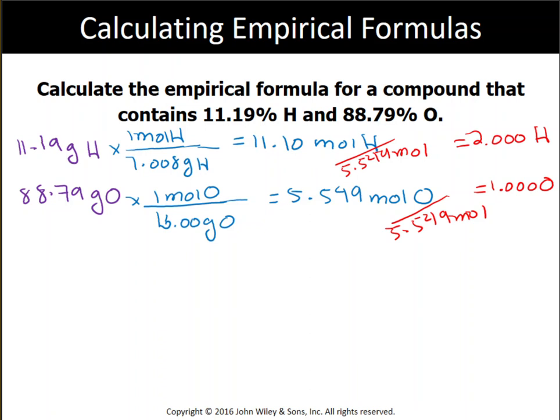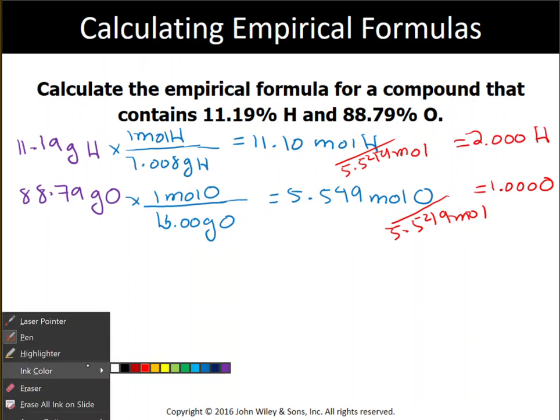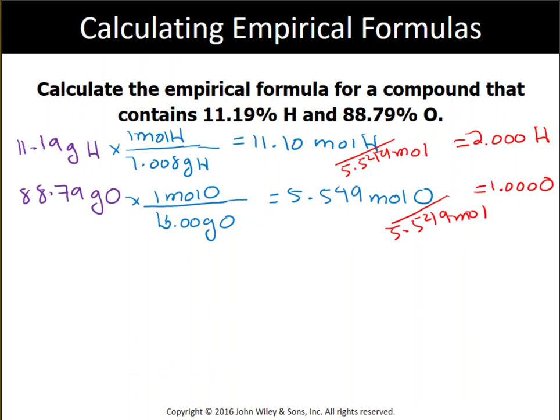Now here, the smallest molar ratio that we end up with are whole numbers. So this tells me that the empirical formula of this compound is 1 oxygen and 2 hydrogens. So the empirical formula is H2O, 2 hydrogens and 1 oxygen.